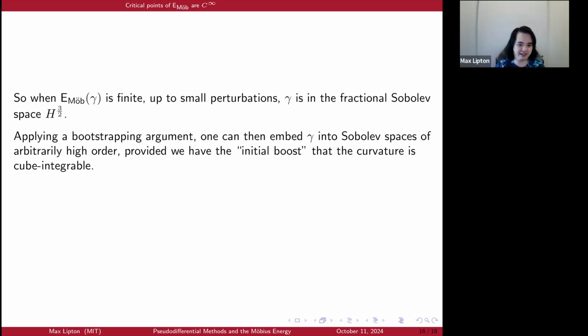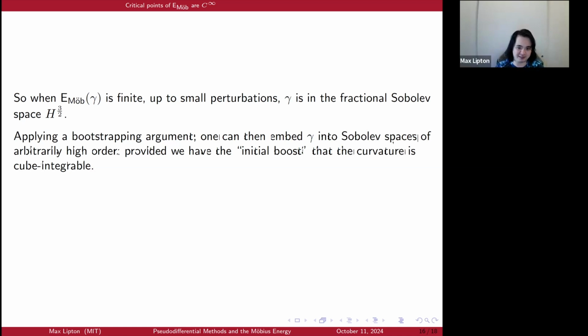It's that after applying a bootstrap argument with the initial condition that you start in H^{3/2}, this will give us an initial boost to then deduce that near our critical point, the curve is going to be in the Sobolev space of arbitrarily high degree, and that will yield that our curve that we started with has derivatives of all higher order.